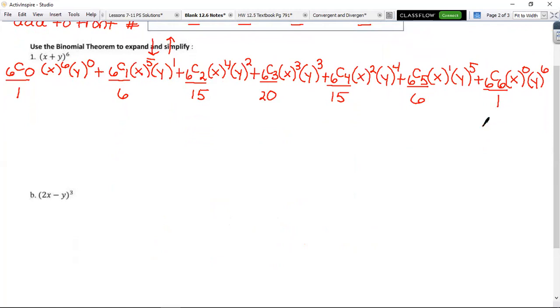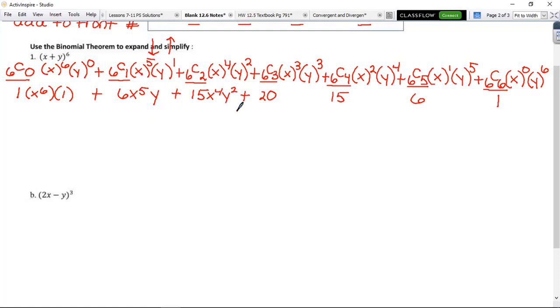Okay. Now I do all the variables. X to the 6th is just going to remain x to the 6th. Y to the 0 is just 1. So there's the first term. We'll clean that up in a second. Next, this just becomes x to the 5th y. There's nothing you have to do with that one. Same thing, there's nothing I have to distribute on this one either.